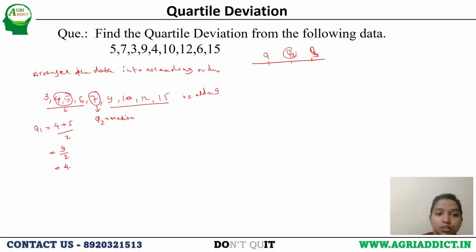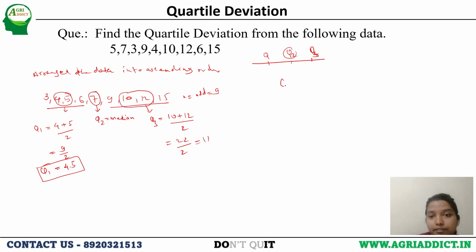So Q1 is 4.5. Similarly, we calculate Q3 by taking the average of 10 and 12. 10 plus 12 divided by 2 is 22 divided by 2, which is 11.